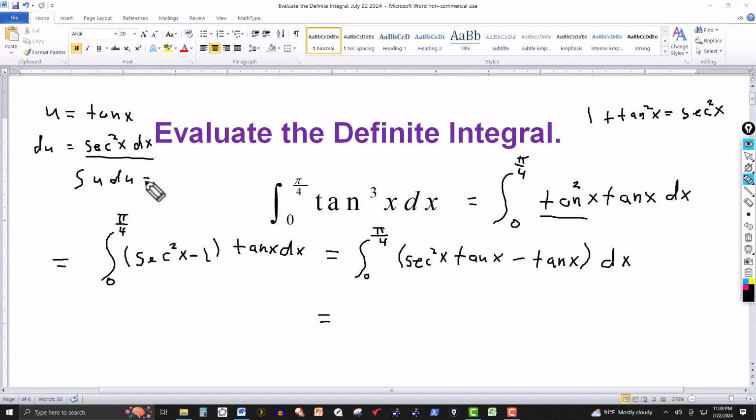Now we integrate, and that's u squared over 2. We don't have the constant of integration here because we have a definite integral. So the integral of this, using this u substitution, is tangent squared of x over 2. Okay, so this represents the integral of this part, and then we're going to apply the limits of integration.